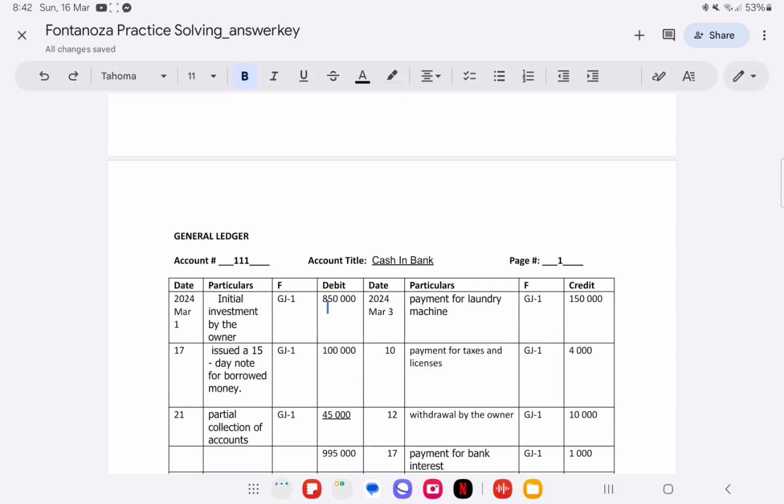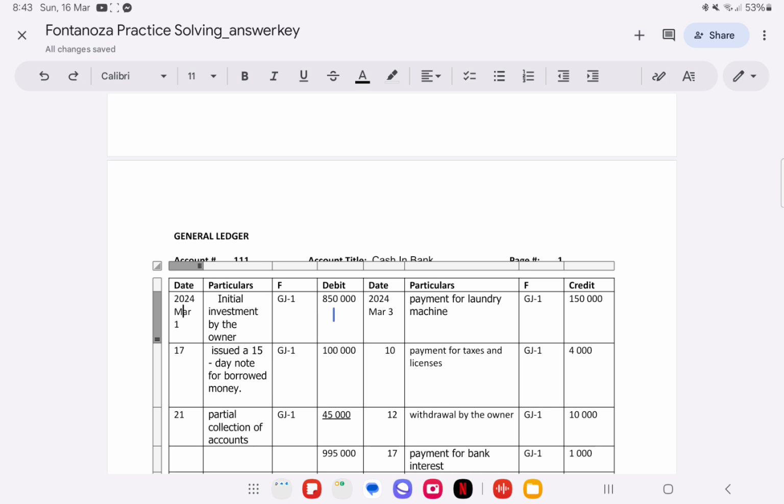Okay, 850,000 debit. So 2024 March 1, initial investment by the owner, since that's the starting point of Miss Gius Fontanoza. She started to invest, to create her business.